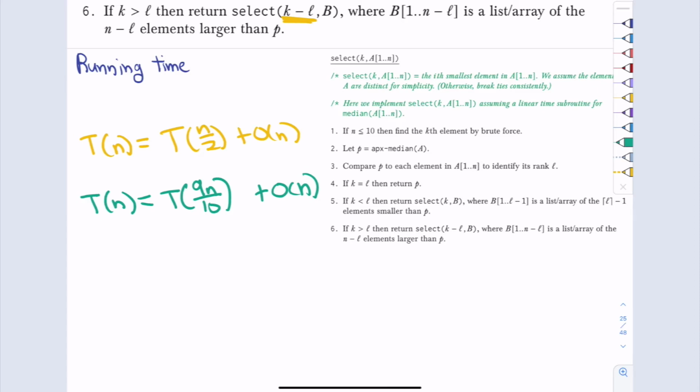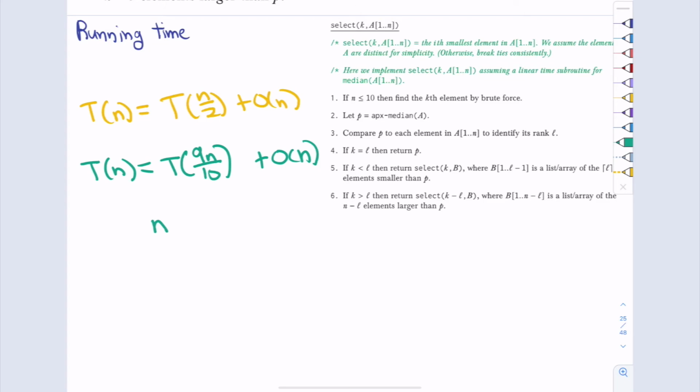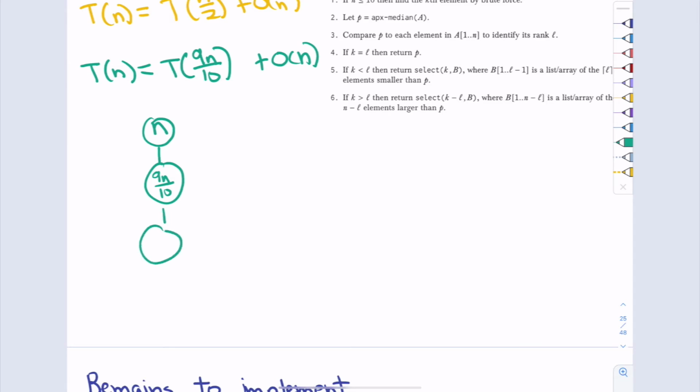Okay. What is this running time? Recursion tree will look like n, 9n over 10, 9 over 10 squared times n, and so forth. Not too interesting.